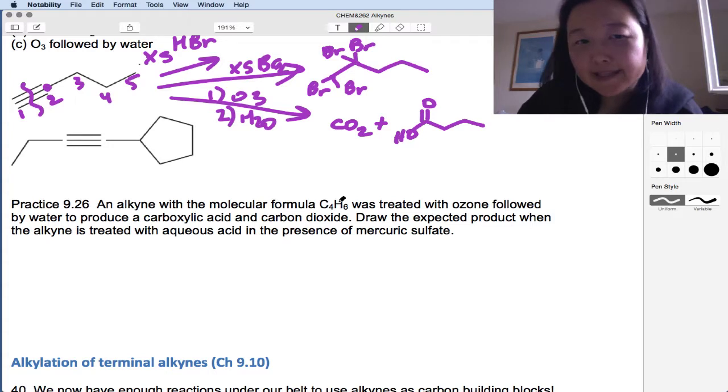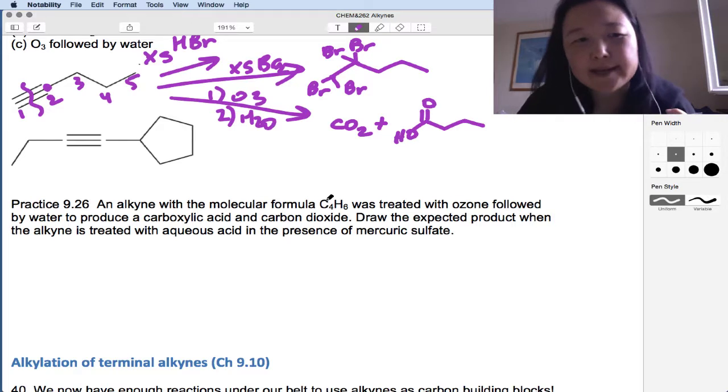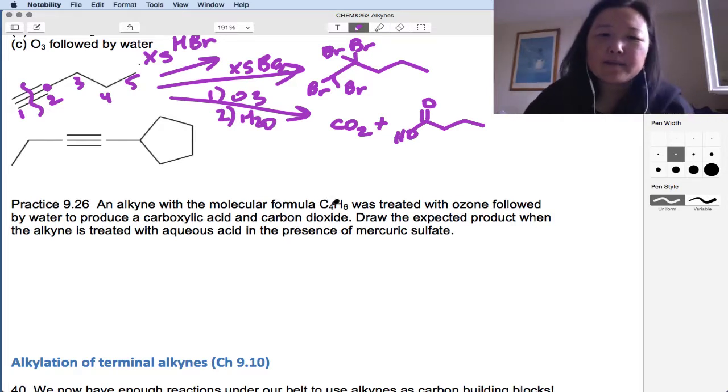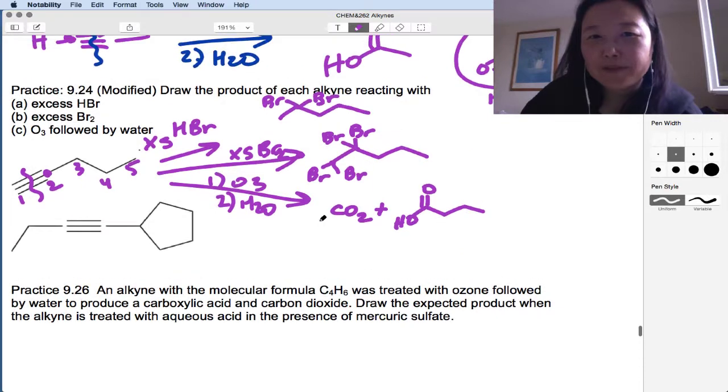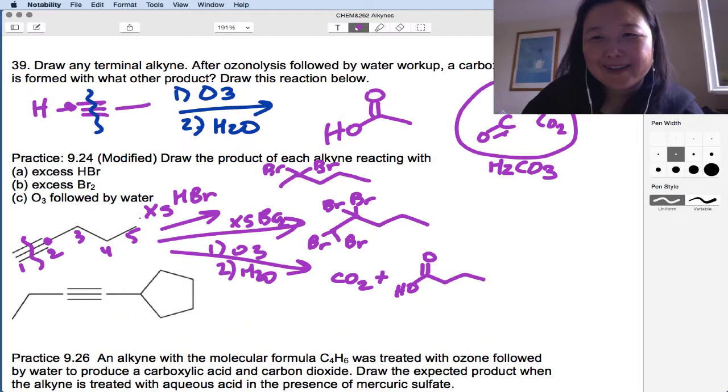Okay, so for this last problem, we've got an alkyne with 4 carbons. It's treated with ozone, and we have a carboxylic acid and carbon dioxide. So what do you think must be the structure of that alkyne in order to make these products? I think if you've been paying attention, you know that you get CO2 only from a very specific kind of alkyne.